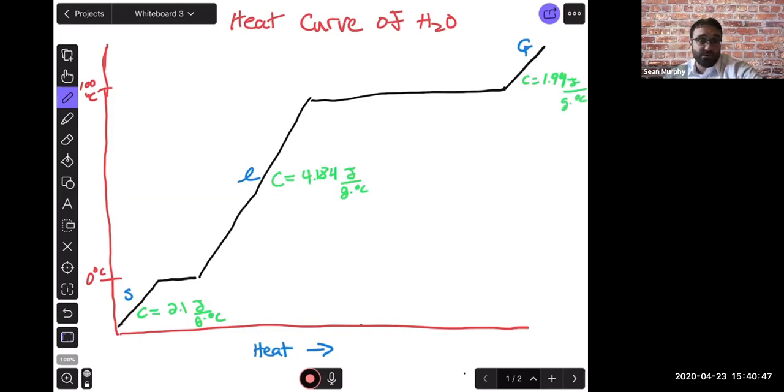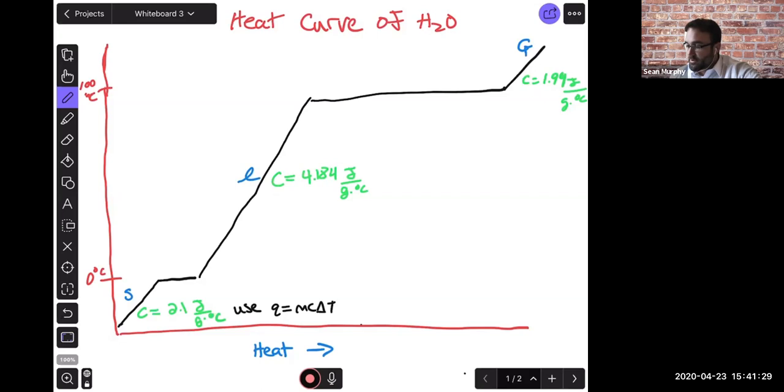Okay, what else can we talk about that pertains to our heat chapter? Whenever we are on these diagonal sections, we have specific heat capacities. Therefore, we can use the formula Q equals mcΔT on all of these.